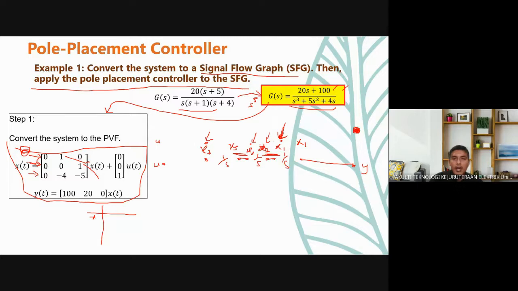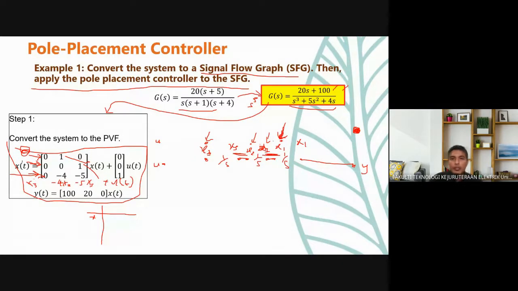However, the x3 dot refers to negative 4 x2 minus 5 x3 plus u(t).